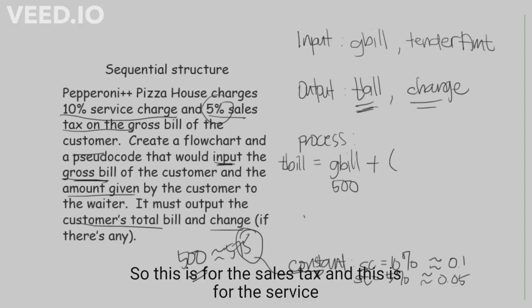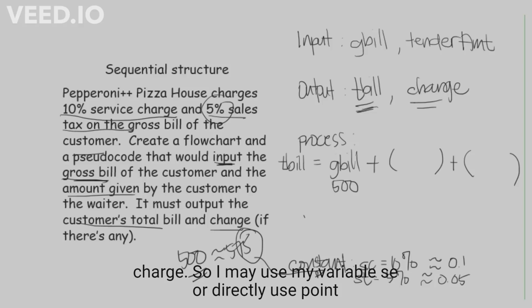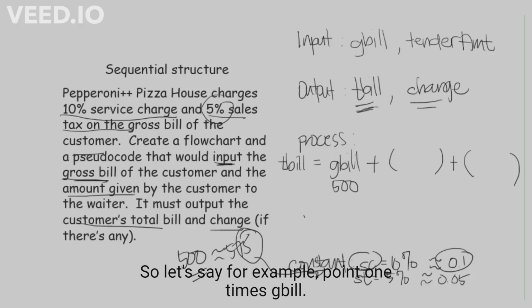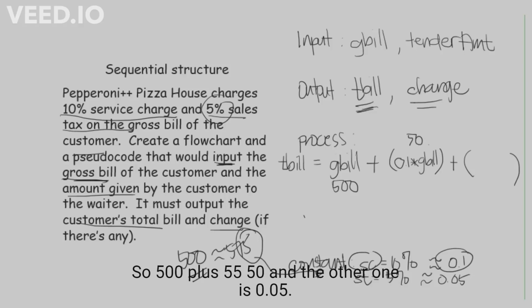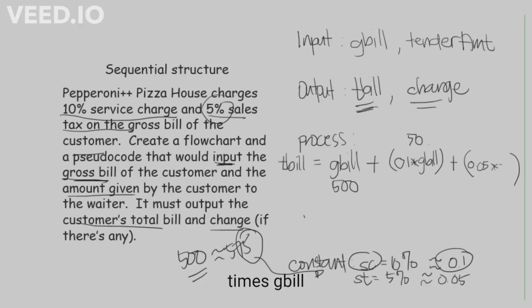In addition, I need to get the 10% service charge and the sales tax. So this is for the sales tax and this is for the service charge. So I may use my variable SC or directly use 0.1 here. So let's say for example 0.1 times G bill. So this is 10% of 500, for example 50. So 500 plus 50, 550. And the other one is 0.05 times G bill. So this is the 25 pesos. Okay?